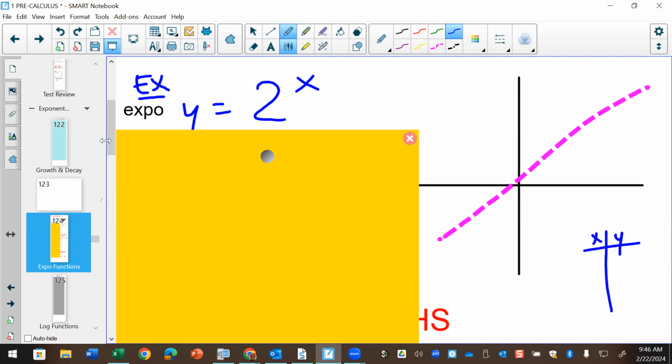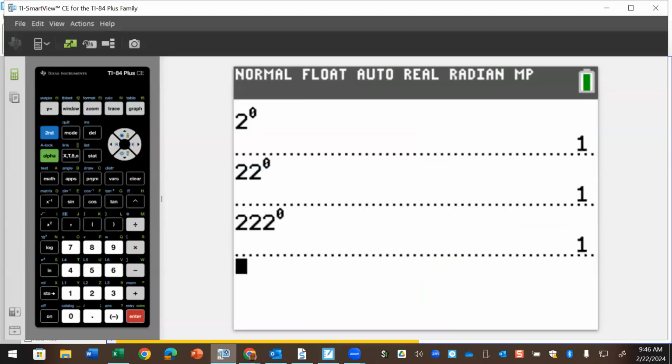We'll start with 0. Do you know what anything to the 0 power is? 0? Uh-oh, any conflicting answers? Let's go to the judge. 1. It equals 1.